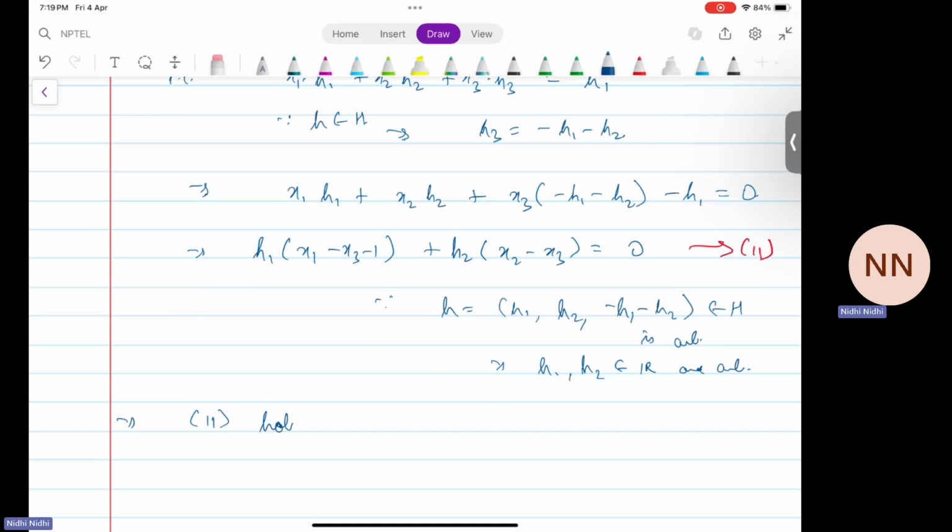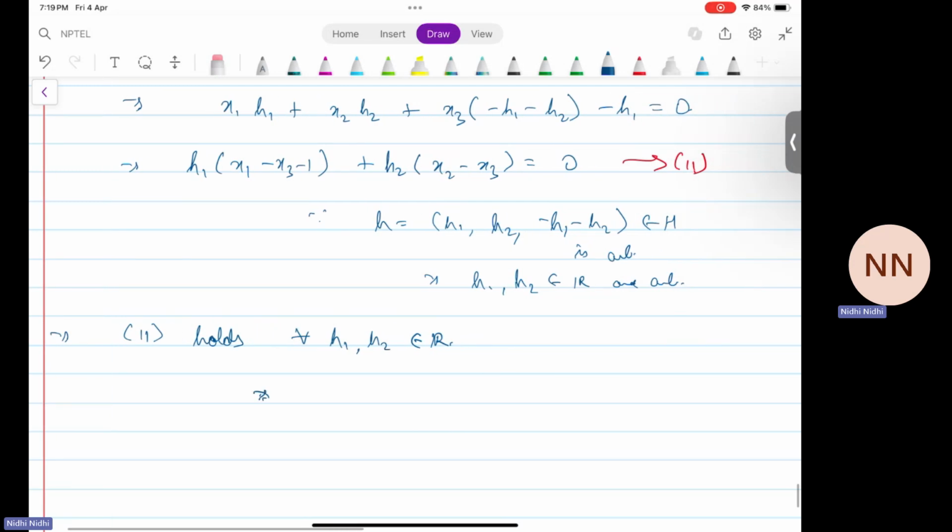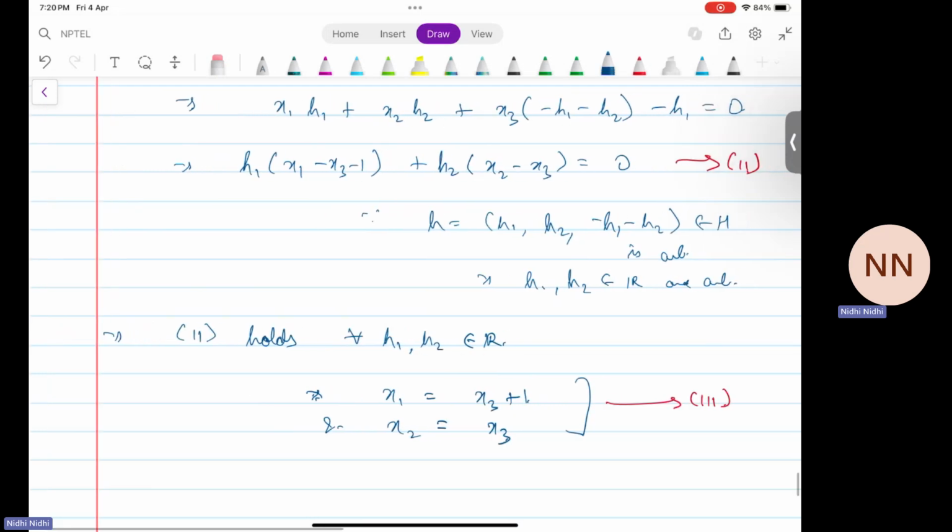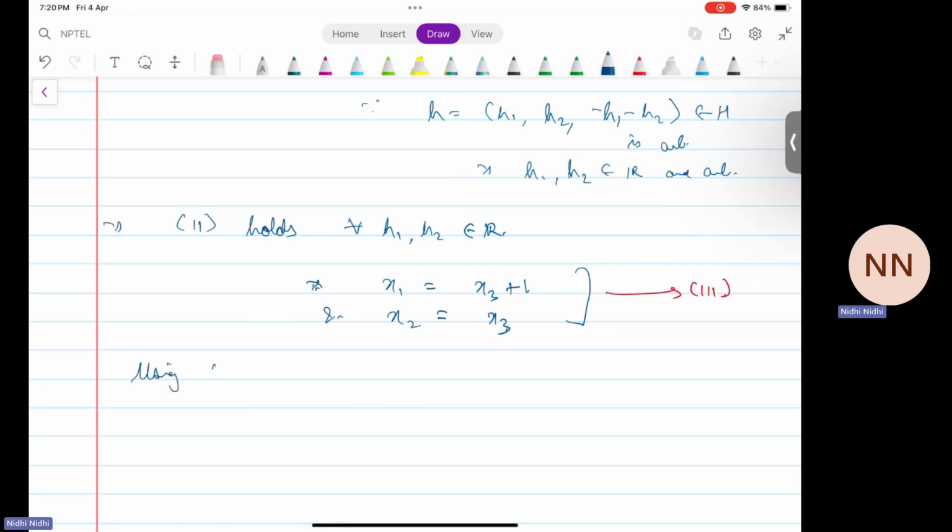Equation 2 holds for every h1 and h2 in R. So in that case, from the first component, x1 minus x3 minus 1 equals 0, so x1 equals x3 plus 1, and x2 equals x3. Using the third in the first, we get x3 plus 1 plus x3 plus x3 is equal to 0. This implies x3 is minus 1 by 3. And hence, x2 is also minus 1 by 3.